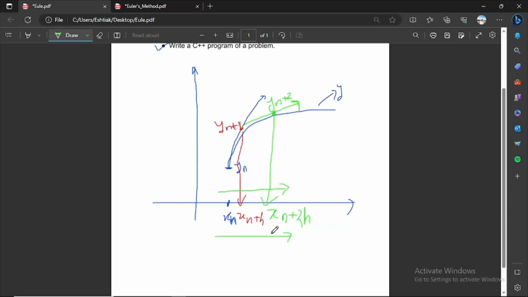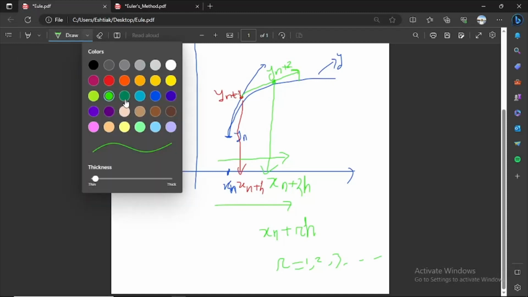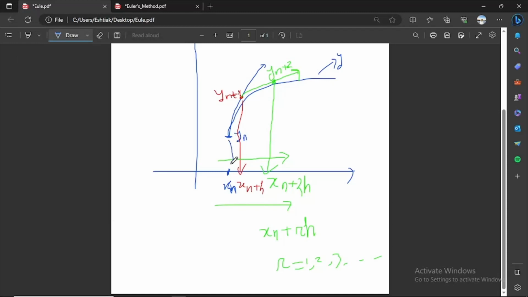We can write these equally spaced points of x in general form as xn plus r h, where r equals 1, 2, 3 and so on.